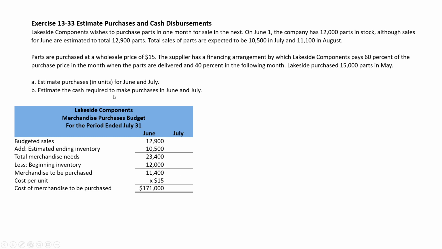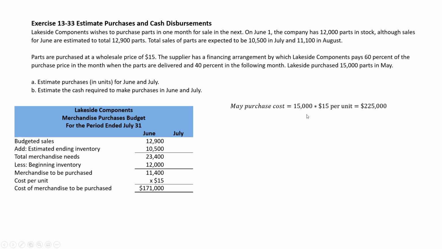So if I'm estimating cash required to be paid out in June, it's going to include two things: a portion of May, the month before, the 40% for May, and 60% of the June. Well, nowhere do they tell us how much we purchased in May. They do tell us, however, that we needed to purchase 15,000 parts in May times $15 each.